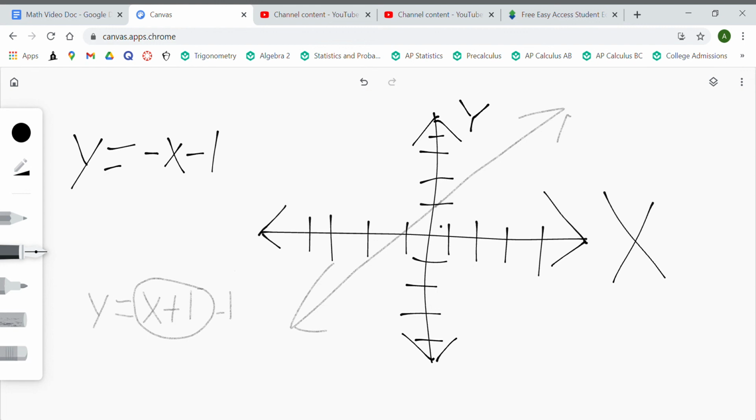Now, with the reflection over the x-axis, it's going to be 1 below the origin. X-intercepts stay the same though. And would you look at that? We got ourselves some perpendicular lines. We're going to talk about those soon.